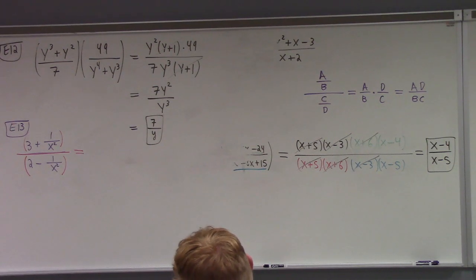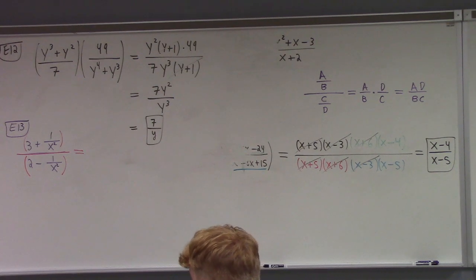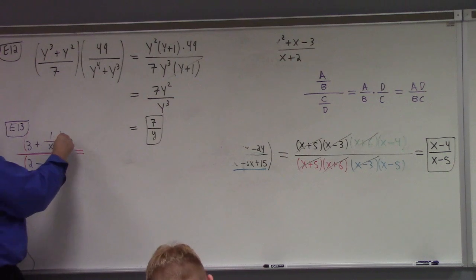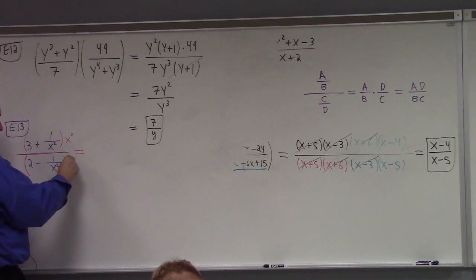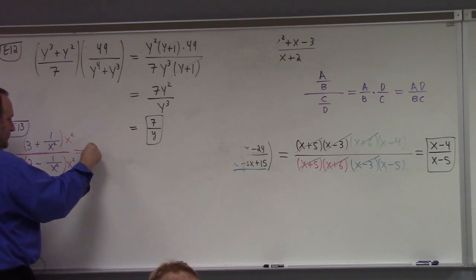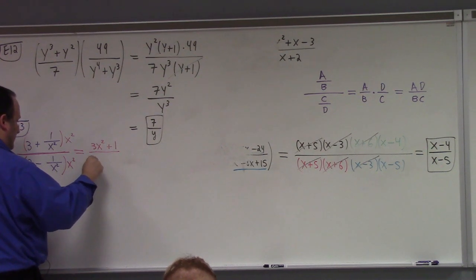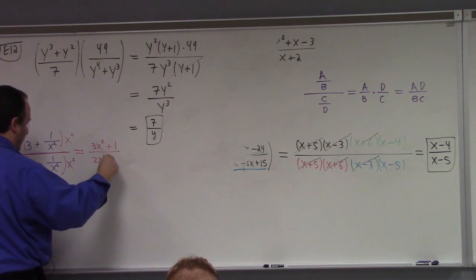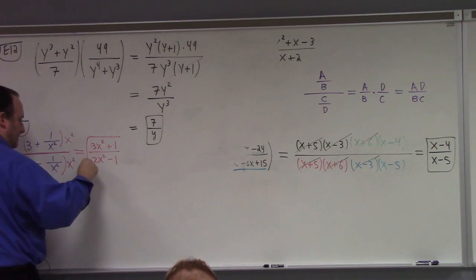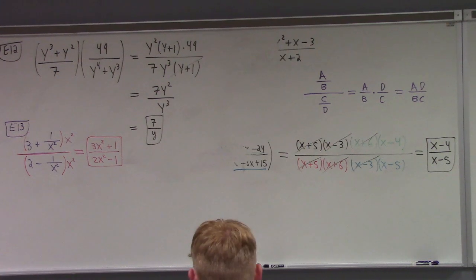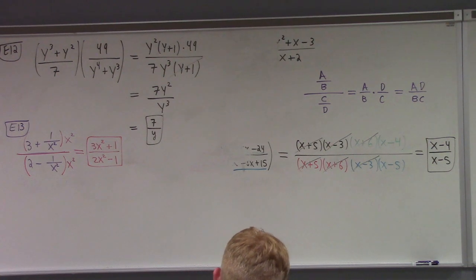The given problem's in purple. What I'm doing to manipulate it is in red. I multiply the top and the bottom by x squared to clear out the fractions. That gives me 3x squared plus 1 divided by 2x squared minus 1. And there you go. Simple as that. That's what I was trying to say. Oh, okay, good. Well, then you got it.